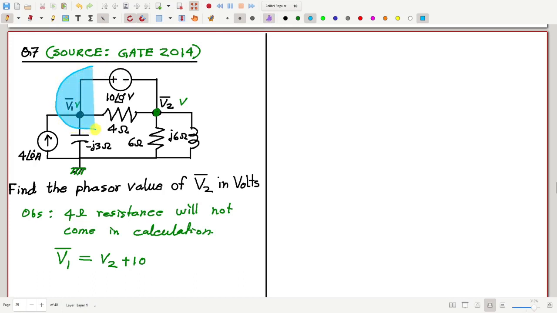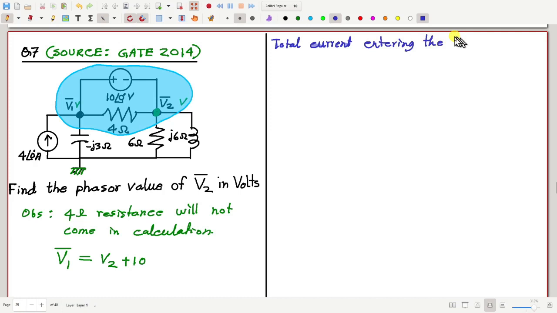Now let me do it this way. Consider this upper portion of the circuit, and let me calculate how much is the total current entering this portion, the blue portion.